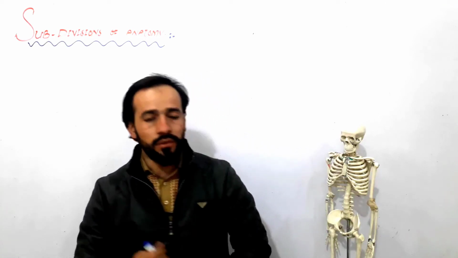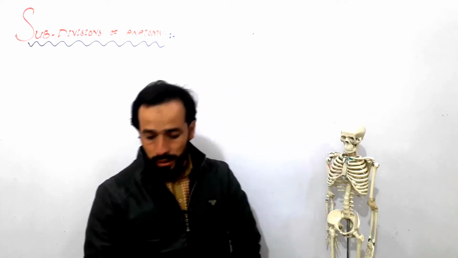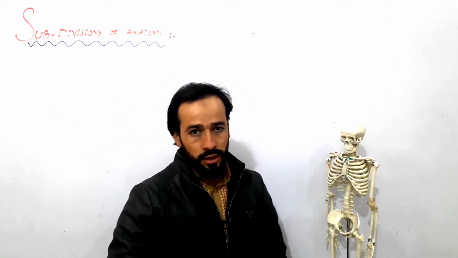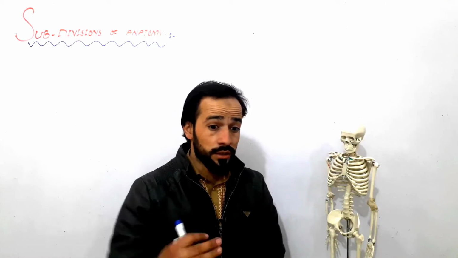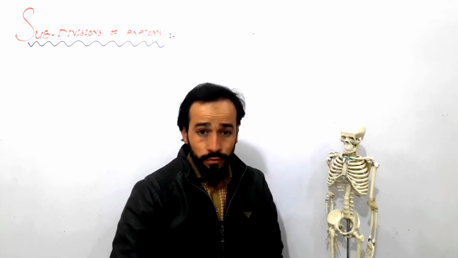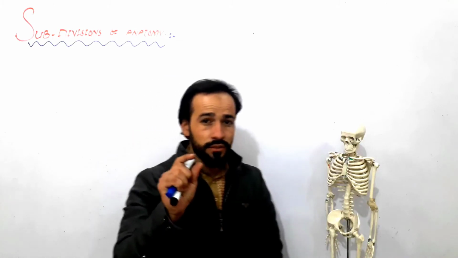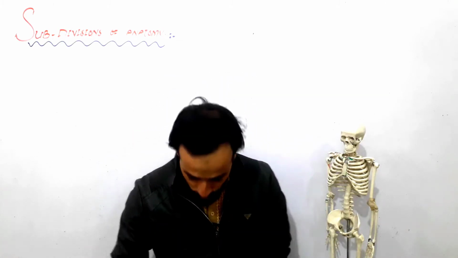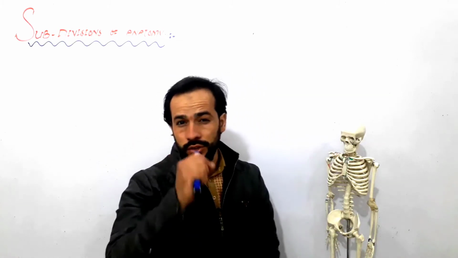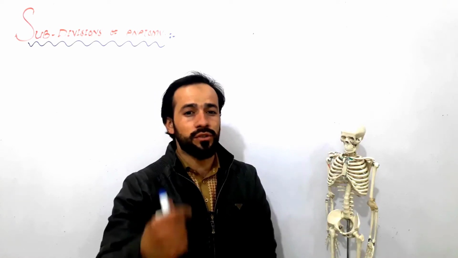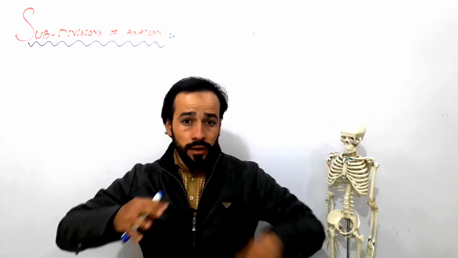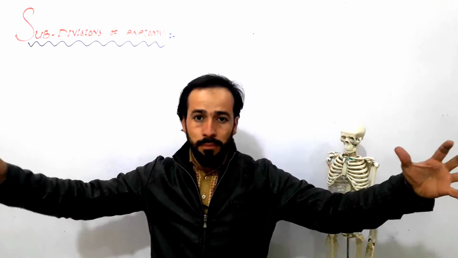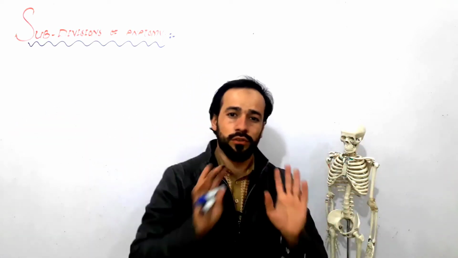For example, if someone asks what you are, you say I am an anatomist, but he will ask, in anatomy what are you studying? If you are studying bones, you will say I'm studying osteology. So look, anatomy was a broad name, but osteology refers to bones.